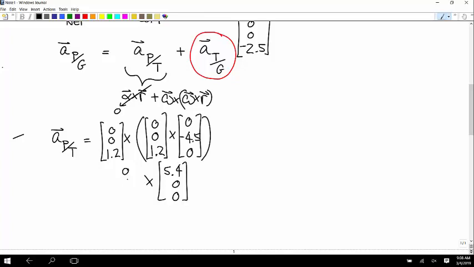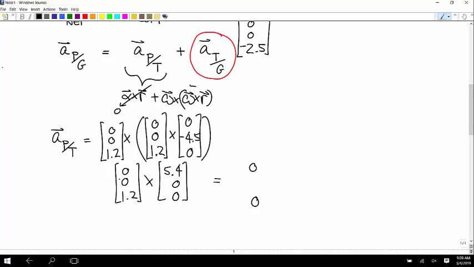Crossed with 0, 0, 1.2. And that is 0 for x, 0 for z. And then in the y direction, 6.48.